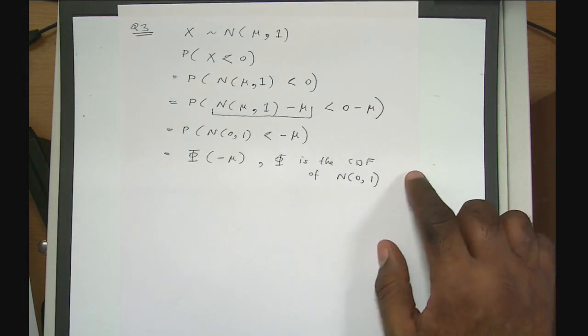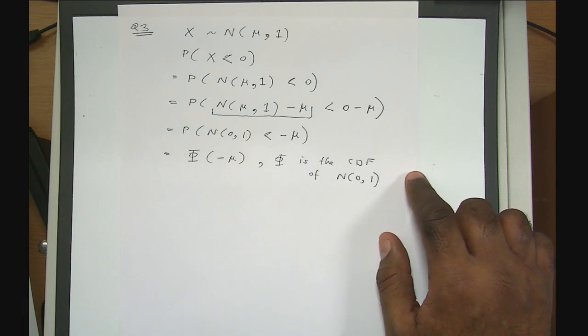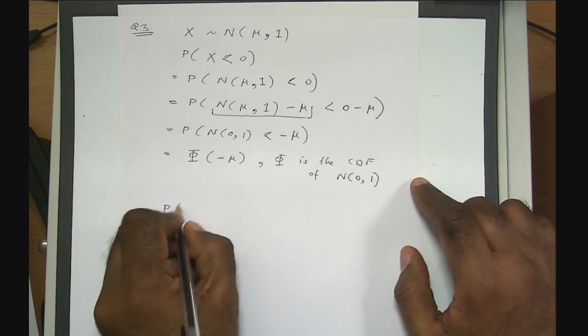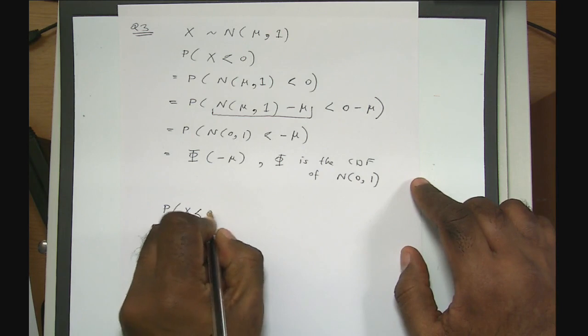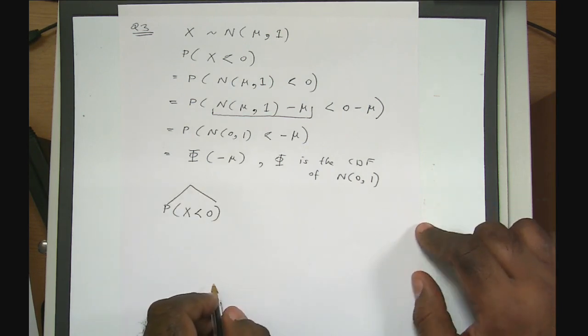So this is the first thing you should do, is to express the probability of interest as a function of mu. Mu is the only parameter in this question, guys. Right? All right. The second thing to do is to ask the question: what is the MLE of the probability that x is less than 0?